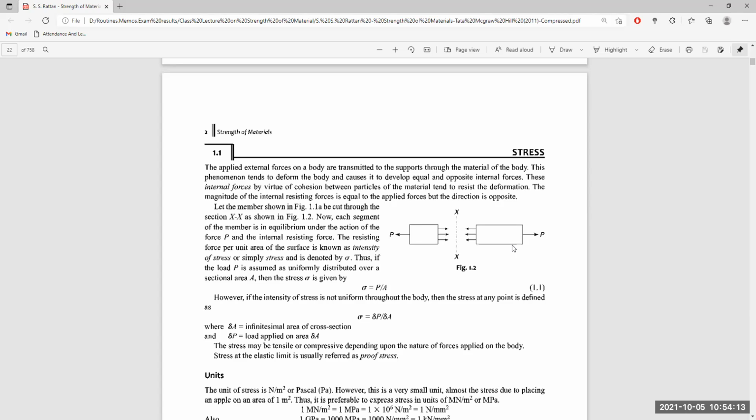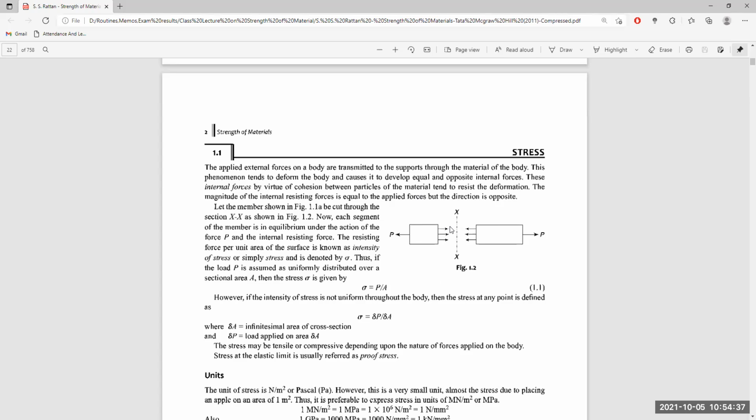A load is created inside to resist this elongation. That load created inside is defined as the stress, or internal stress, or simply stress. And the length which is increased is defined as elongation or deflection.